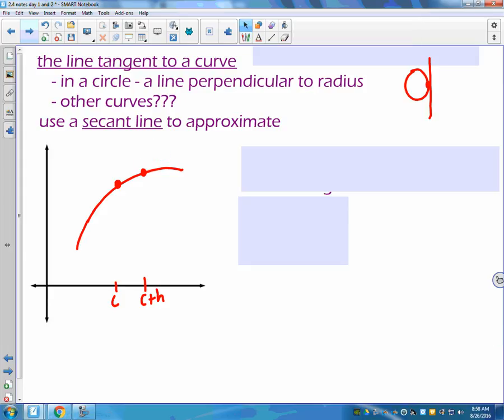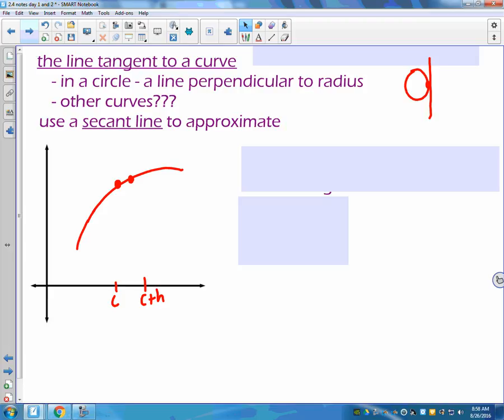If I connected those two, it would be what we just did on problem 1. We could find the average rate of change using the secant line. But if I moved it even a little bit closer, if I made H even smaller, I could connect that and look to see what the average rate of change was.